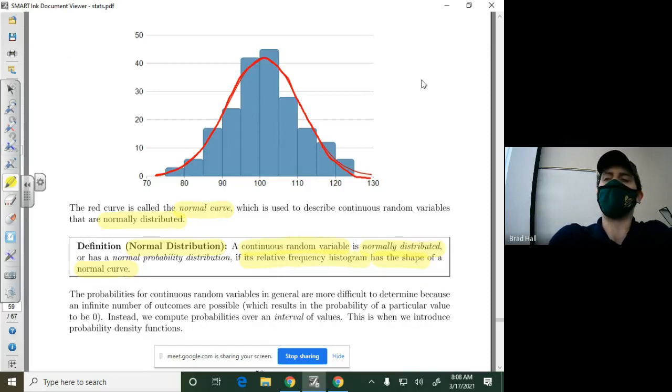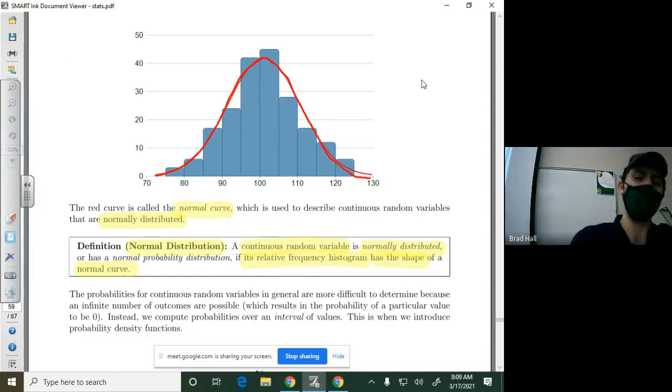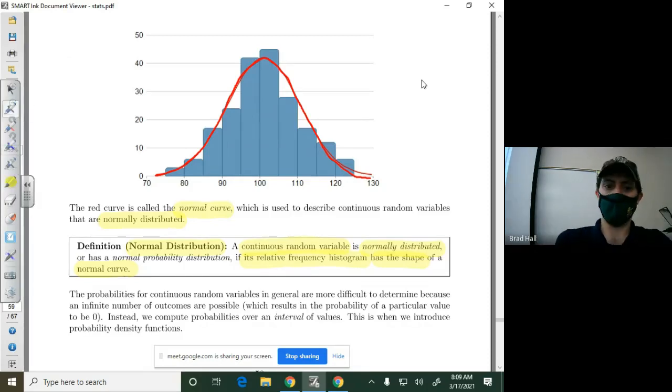So there are technically an infinite number of data points. Remember, we approximated probability as a relative frequency in the very beginning for the discrete random variables. What we normally did was figure out the frequency of that occurrence. Maybe something occurs one time, and we divided that by the total number of occurrences.